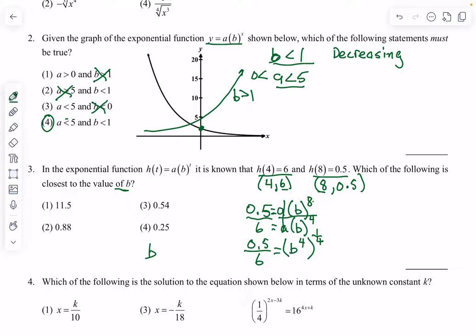We also have to do it to this side of the equation, raised to the 1/4. So b will equal 0.5 over 6 raised to the 1/4. You should always try to leave the calculation to the end if you can. So now all you have to do is go to your calculator.